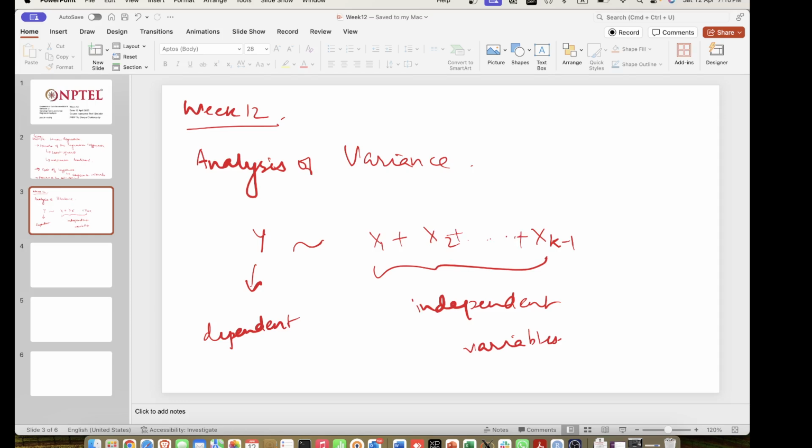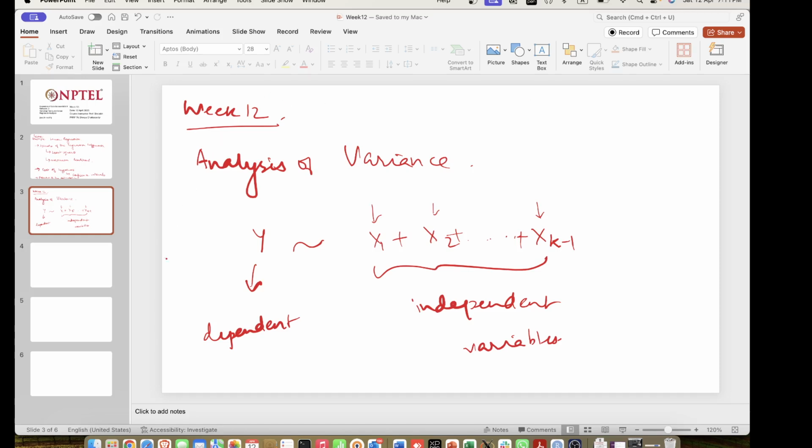If there is variation in y, I am trying to capture that variation with variations due to these independent variables or factors.